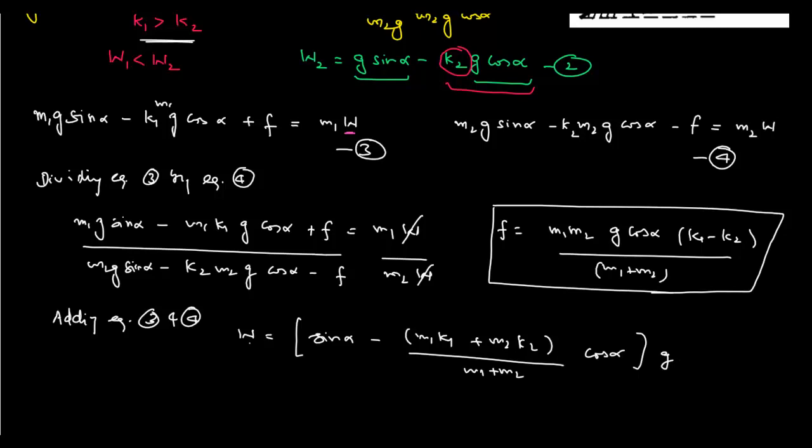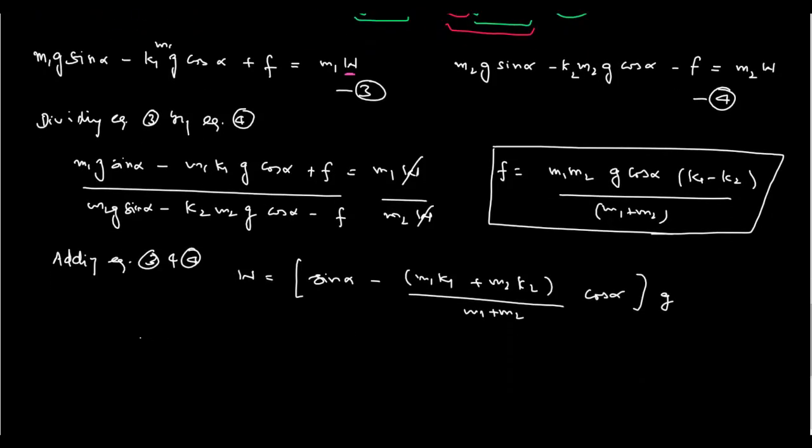In order to calculate part B, we put W equal to 0, and that yields tan alpha equal to (m1 k1 plus m2 k2) divided by (m1 plus m2).